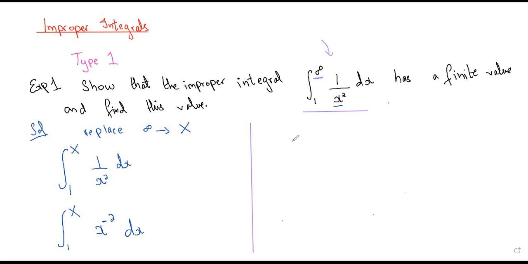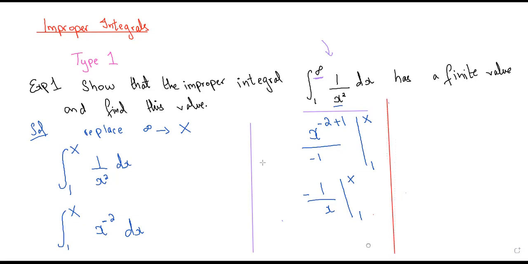Now I am in the position of integrating it. The variable would come as it is, the power would come as it is, plus 1, divided by the new power, that is minus 1. The limits of the integration are 1 and capital X. I'll rewrite the function properly. It is basically minus 1 over x, integrated from 1 to X. Now I can plug in the limits.